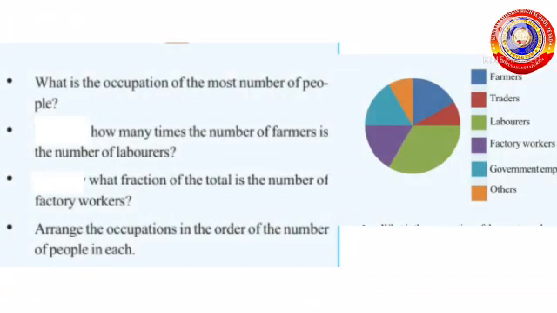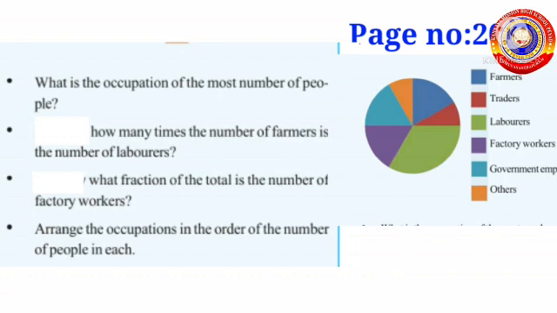Next we have to do one more example from the textbook page number 203. The pie chart below shows the various occupations of people in a panchayat. Then answer the following questions. First one, what is the occupation of the most number of people?